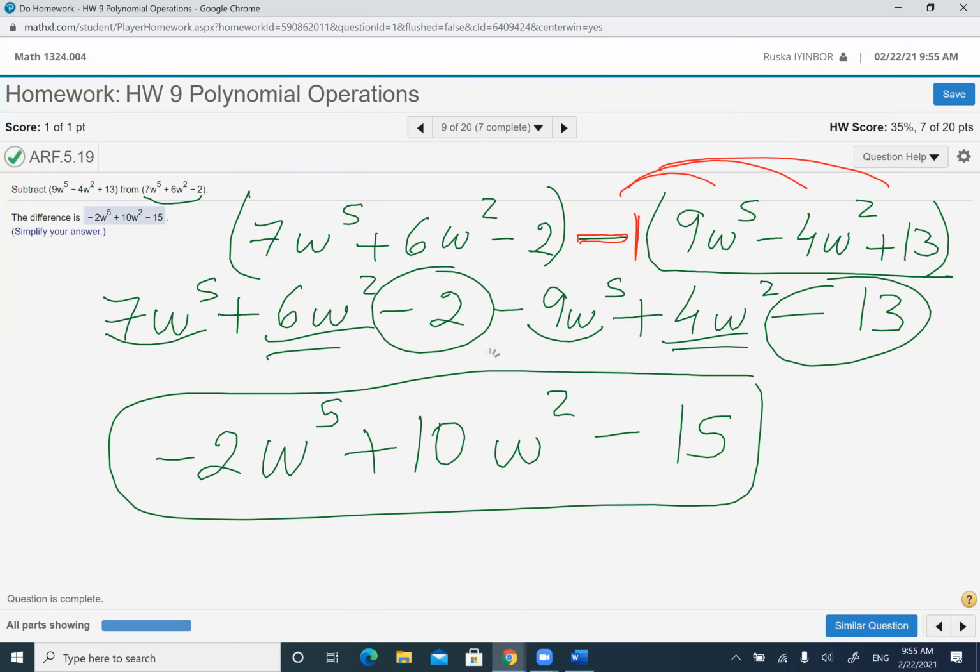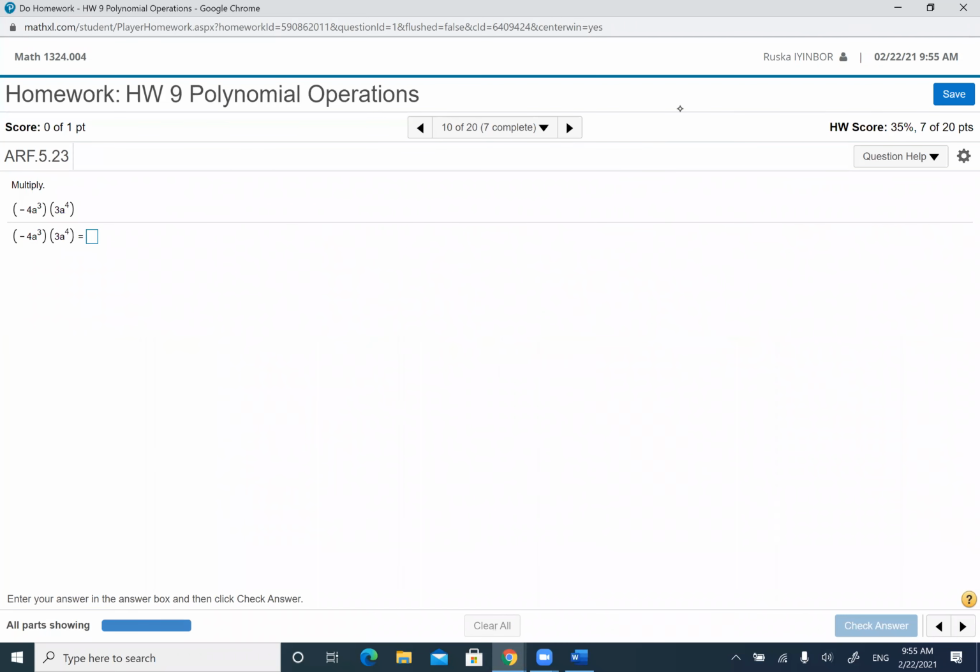Okay, that was good. The next one is multiplying. When you multiply, you multiply the numbers and you multiply A and A. When you multiply A and A, you add the exponents, right? That's the rule. A to the 3 times A to the 4: 3 plus 4 is 7, and -4 times -3 is -12.